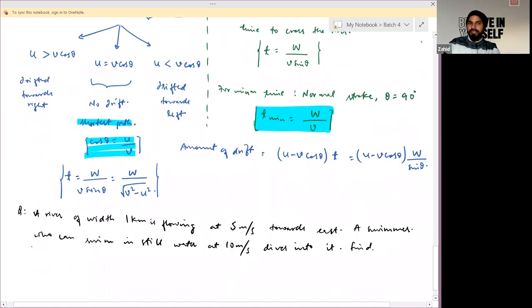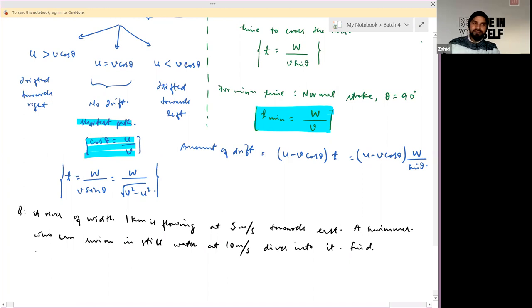A river of width 1 kilometer is flowing at 5 meter per second towards east. It means the value of u is 5. A swimmer who can swim in still water at 10 meter per second dives into it, meaning v is 10 meter per second.